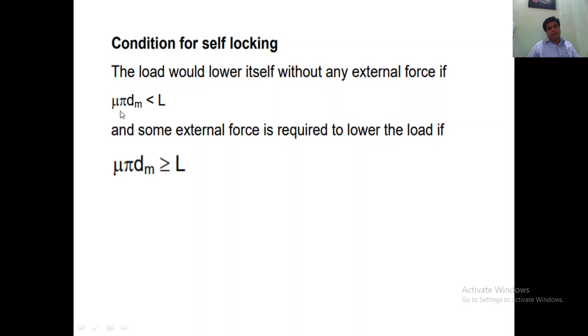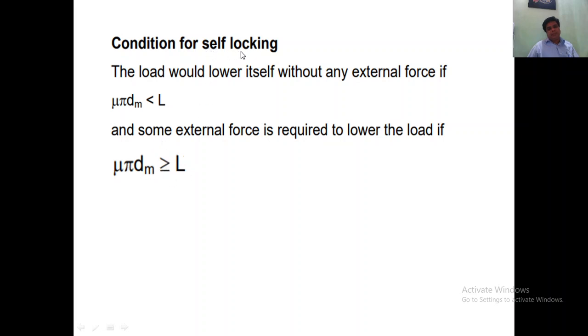That will happen when this mu into pi dm is less than the lead. In some applications, you would apply external force or torque to lower that load which has been lifted. There the condition is that the lead should be less than this mu pi dm.